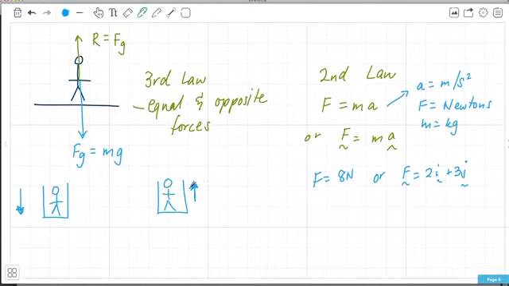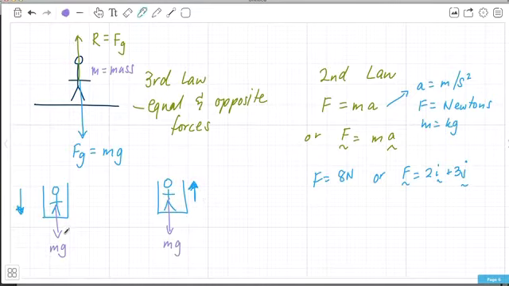Now I want you to think, when you're in a lift, in which situation do you feel heavier? I'm just going to draw weight forces down here, mg. M is the mass of the person, yeah? Alright, you generally feel heavier when the lift is going up, because it's like you're pushing into the floor, right?